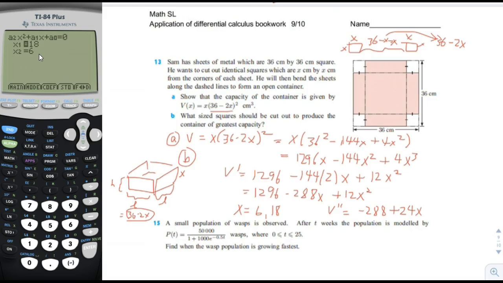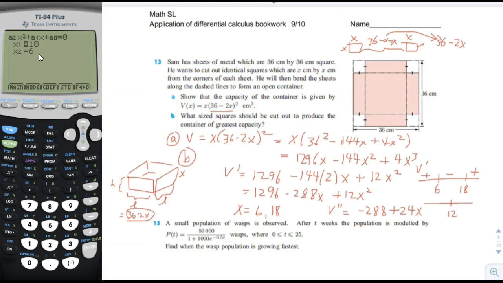And now we're going to do sign diagrams for both. So the sign diagram for V dash is going to be like this and like that because it's an open up parabola. And then for the V double dash, it's going to be something like, let's see, the critical point is going to be 288 divided by 24, which is 12.